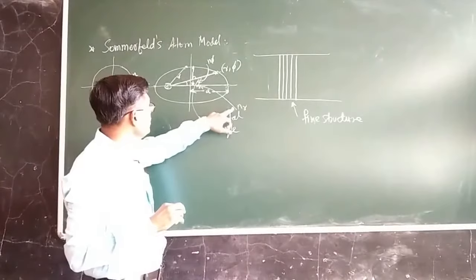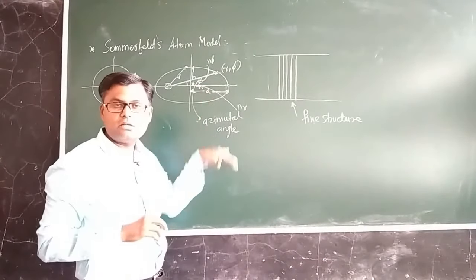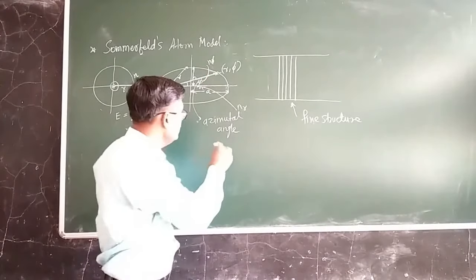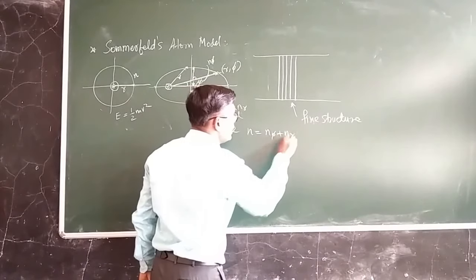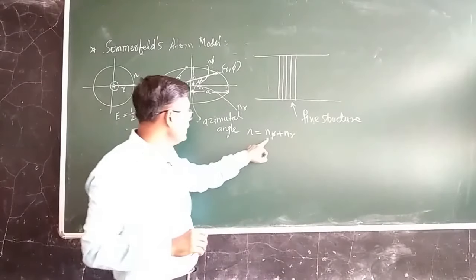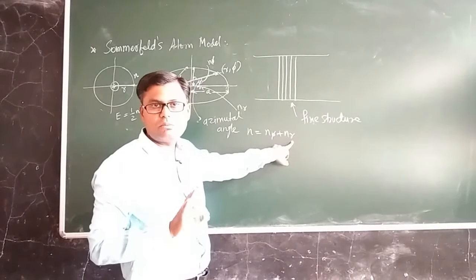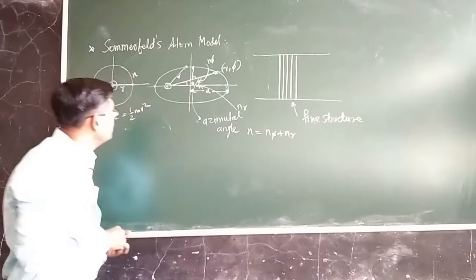So according to Sommerfeld, there are two quantum numbers needed to find the complete state of the electron, and the relation between n phi, nr and n is n equal to n phi plus nr, where n phi is called the azimuthal quantum number and nr is called the radial quantum number.